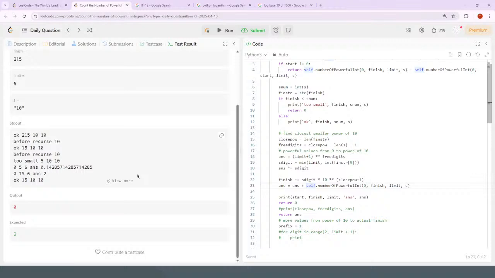Okay, so finish minus equals the number of digits.